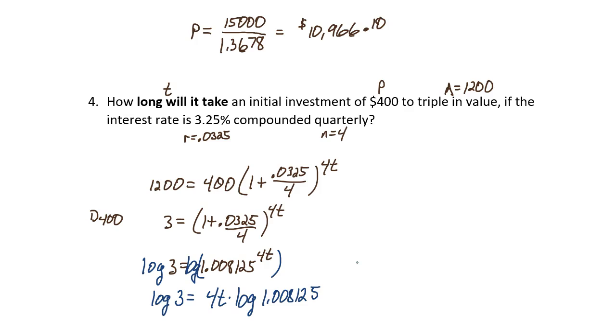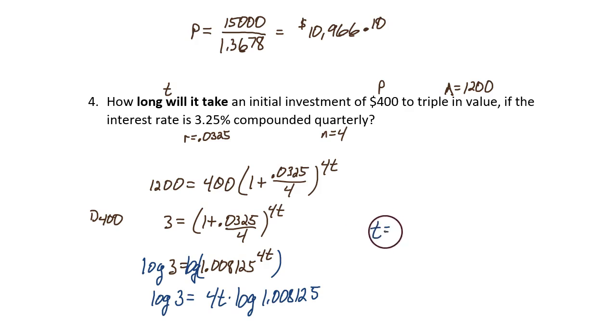In taking the logarithm of the right side, I've also applied the theorem from the other day that the exponent on this expression can be moved in front of the logarithm. To get the letter t alone, it looks like we now need to divide by 4 and divide by the log of 1.008125.